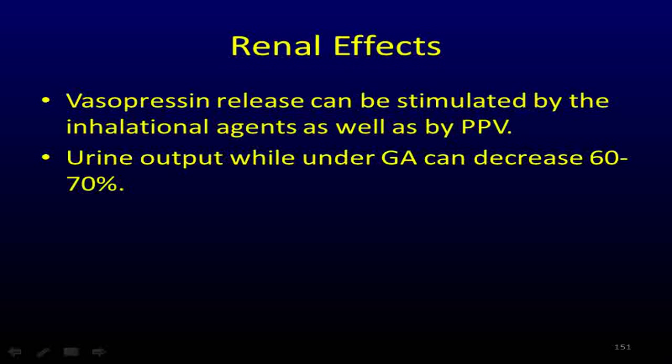And so it could be, I'm just speculating here, that the inhalational agents inhibit certain areas of the brain preferentially and allow others to be active. That's just speculation. But you will see urinary output decrease with the use of inhaled agents. As well, you'll see the urinary output decrease with positive pressure ventilation.